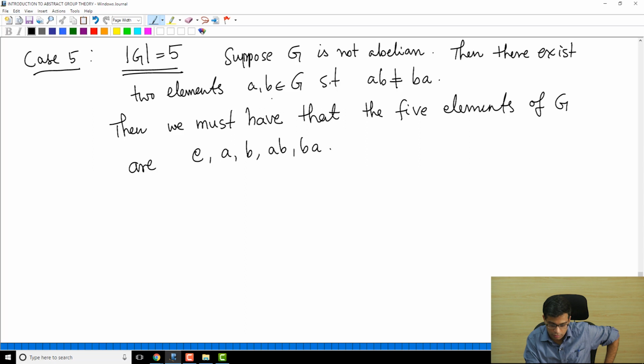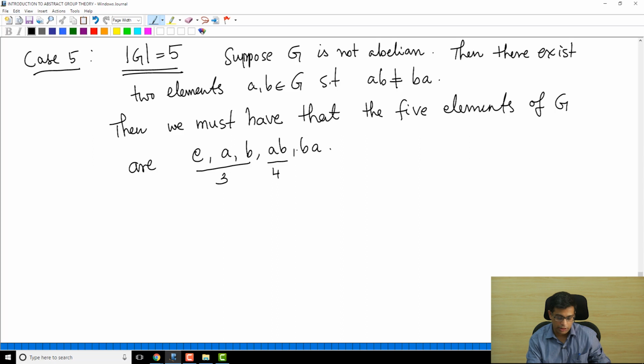Remember that A and B are elements that do not commute with each other. So, they are different from E. So, you have 3 elements here, and just as in case 4, AB cannot be E, because if AB is E, A and B commute with each other being the inverses of each other. So, it can't be E, it can't be A, it can't be B. So, AB is a 4th element.